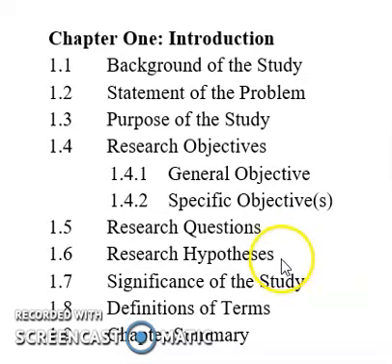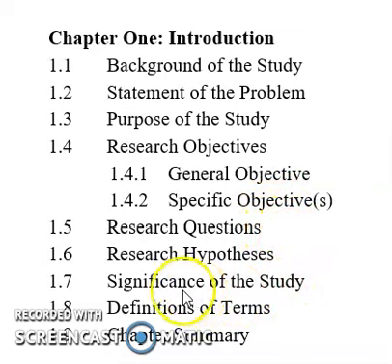And then your research hypothesis would be the expected answer for your research question. Meaning your research hypothesis here would be treatment A is effective to treat disease B. Okay, so specific objective, research question and research hypothesis must tally with one another. It cannot be different things.